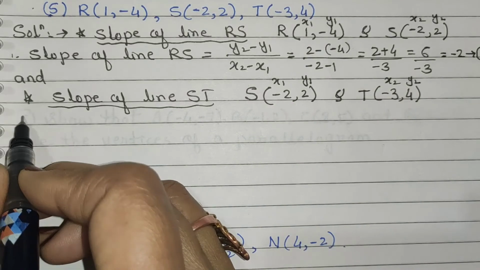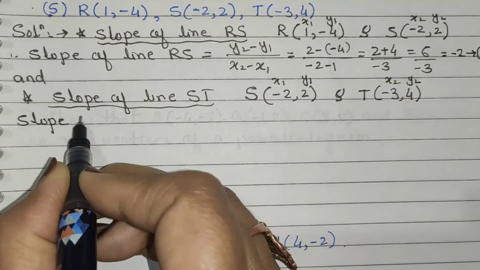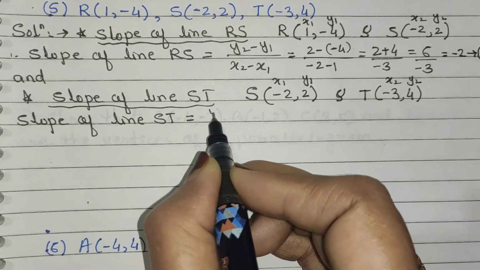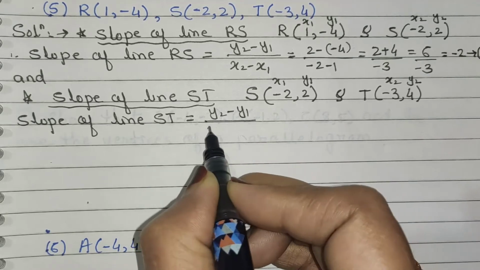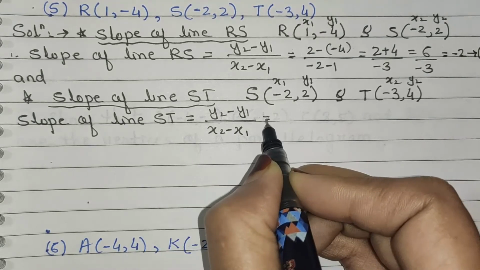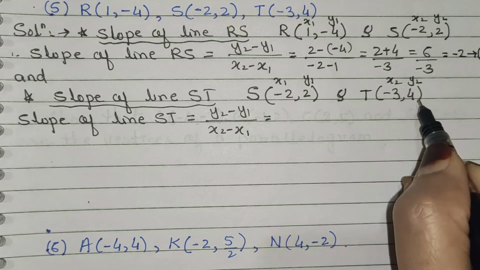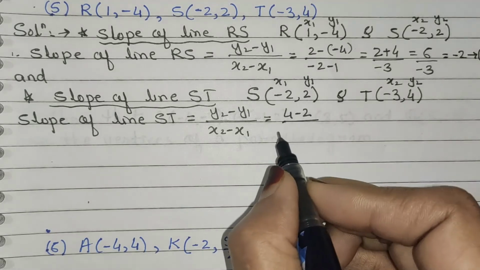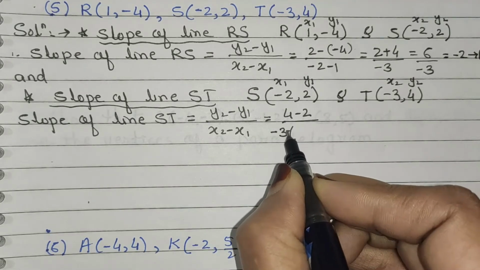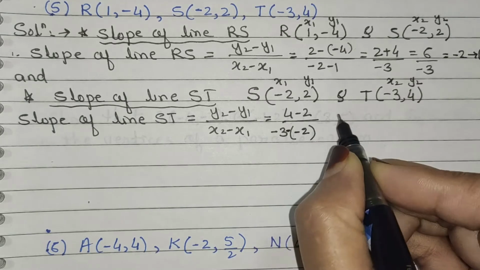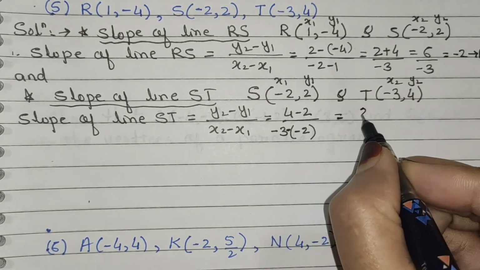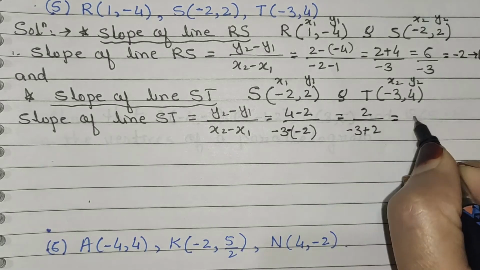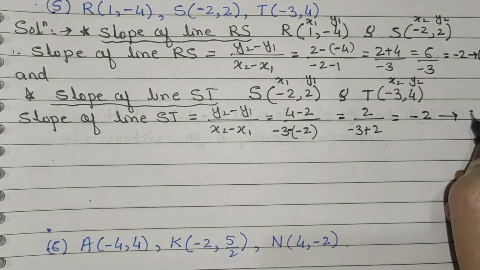Now by applying the formula, slope of line ST is equal to y2 minus y1 upon x2 minus x1 is equal to, substituting the values we get here 4 minus 2 upon -3 minus of -2, so 4 minus 2, 2 upon -3 plus 2 which is equal to -2. Give it equation number 2.